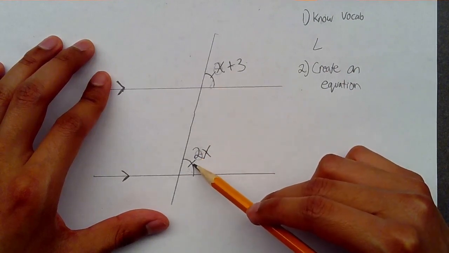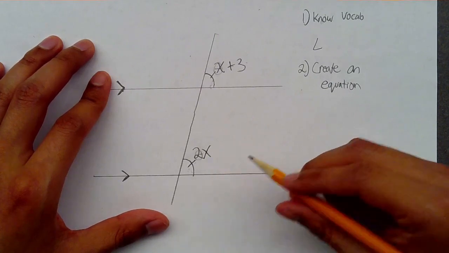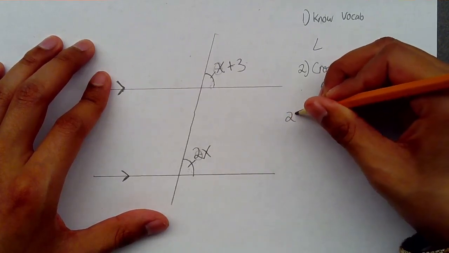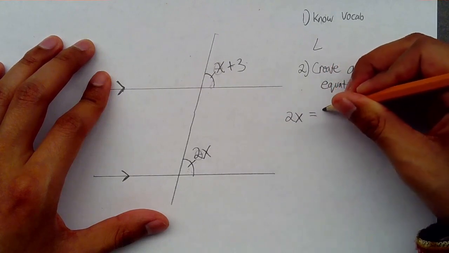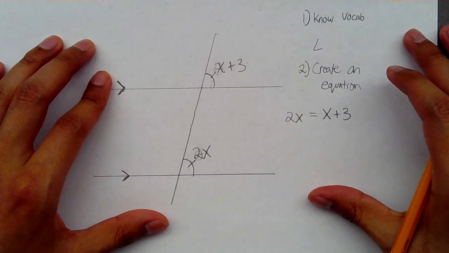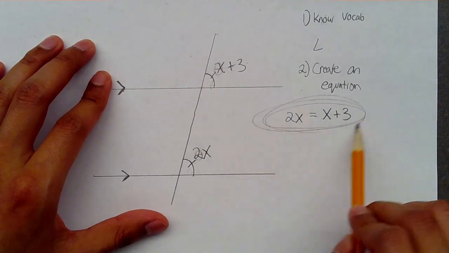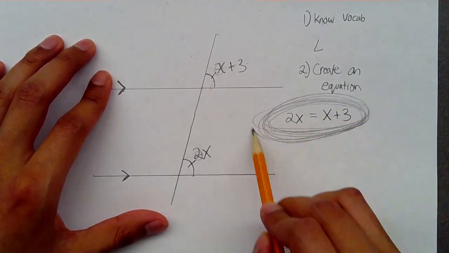They are congruent. They are the same size and same shape. So I can set them equal to each other in an equation. And then from here, this is what you solve. This is what you want.